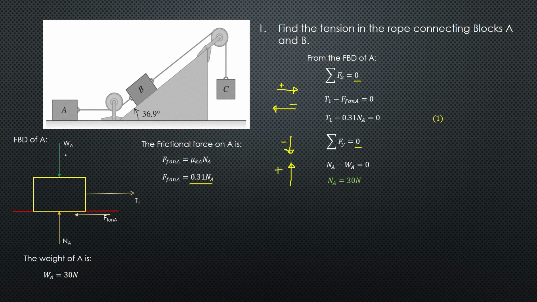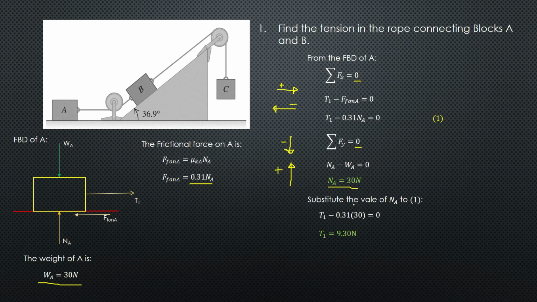The normal force is positive and the weight is negative, so the normal force minus the weight of block A equals 0. The weight of A is 30 newtons, so you can solve for the normal force.